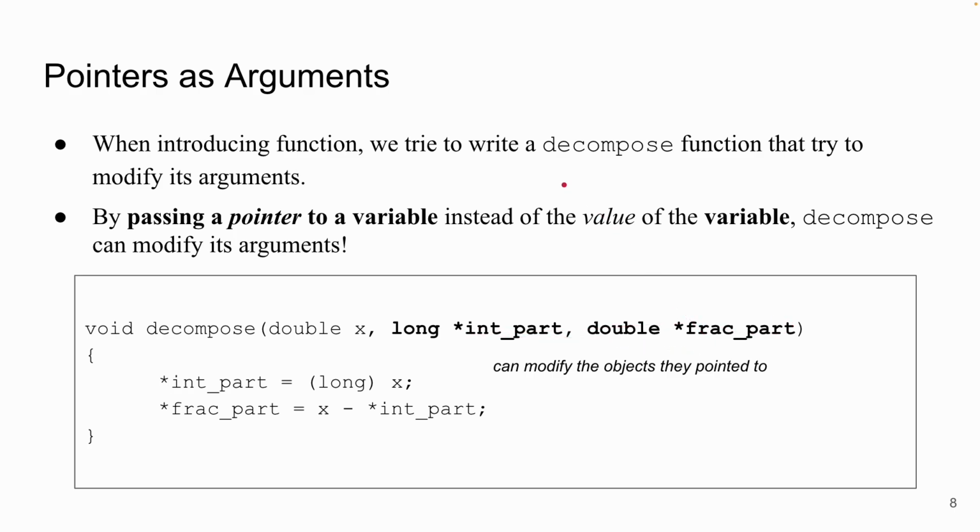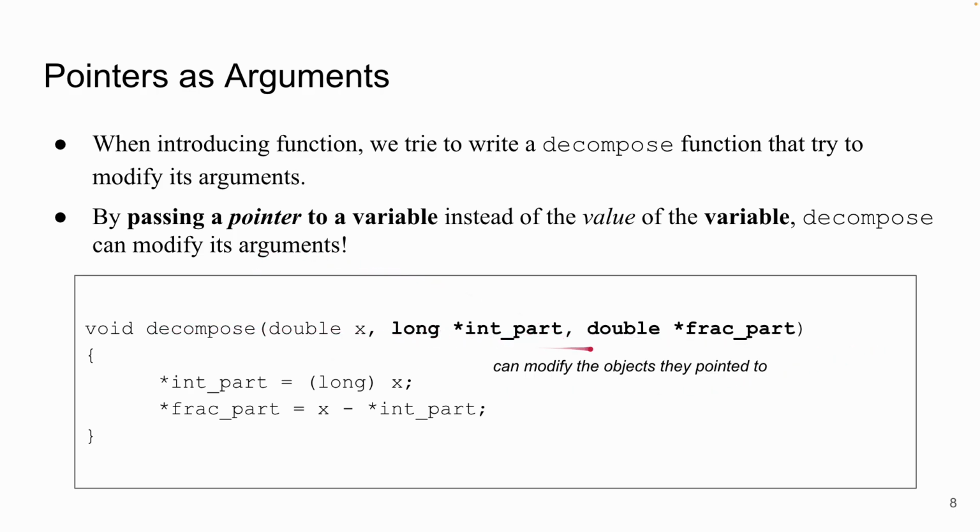And before we learned the concept of pointers, there was no way we could change the argument, right? Because if we just use a regular variable, what a C function does is copy the value of the argument and assign the value to the parameter. So there is no relationship between parameters and arguments. But now that we know pointer variables, we can achieve the expected behavior with this new version of the decompose function.